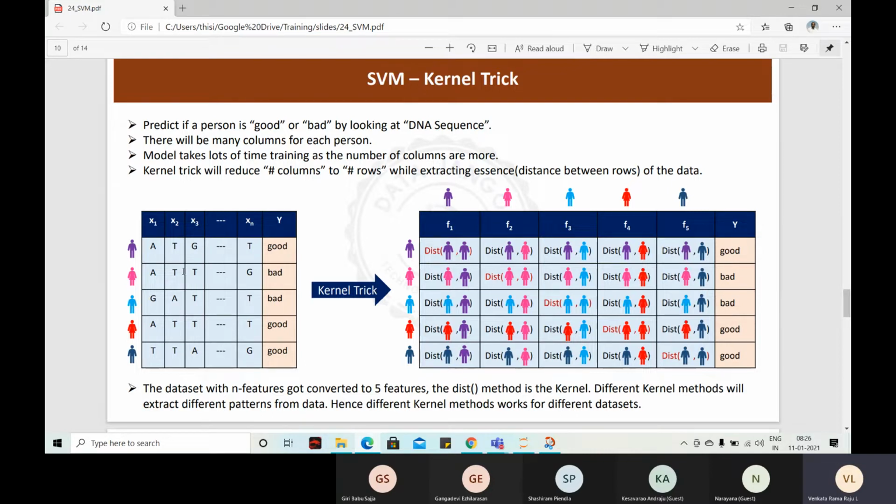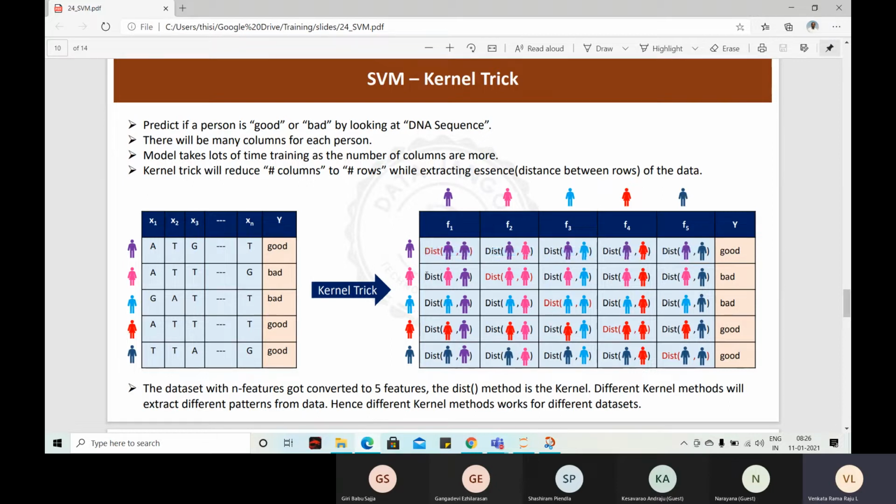So what we did is we took differences between each person and the other people as the data set. See here: the distance between 1 and 1, 1 and 2, 1 and 3, 1 and 4, 1 and 5. So out of 1 million columns, I derived 5 values.